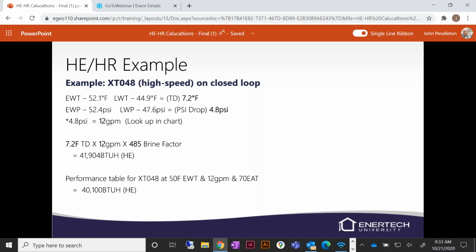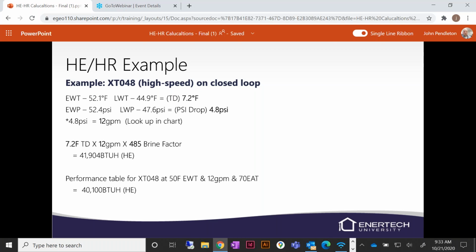That doesn't really tell us a whole lot. I mean, it tells us what the unit is doing, but we need to go back to the manual and compare it to what's in the manual. We always need to be within 10% of the heat of extraction or rejection from what's in the manual. As long as it's within 10%, there's no need to put refrigerant gauges on, no need to do anything else. It's running fine.